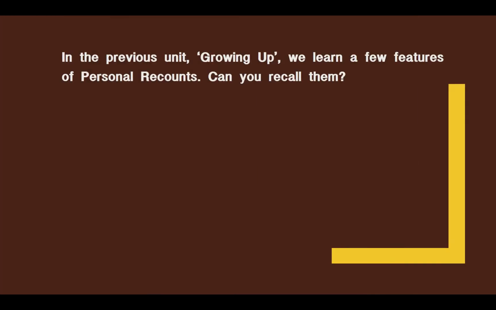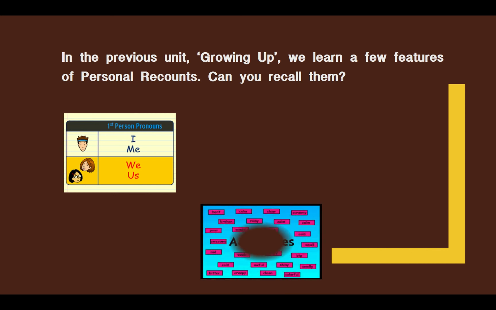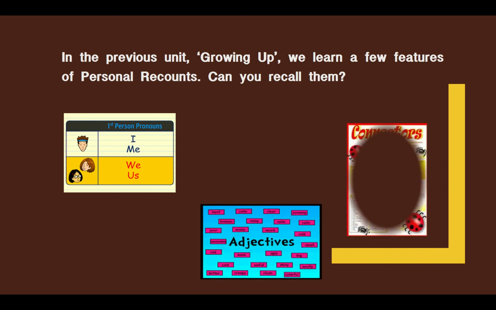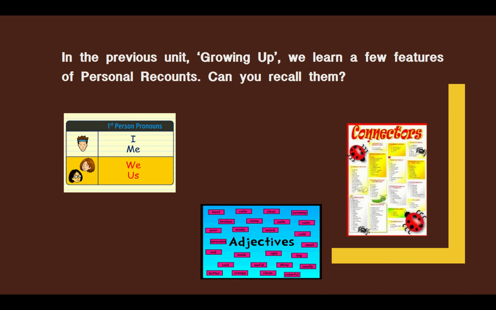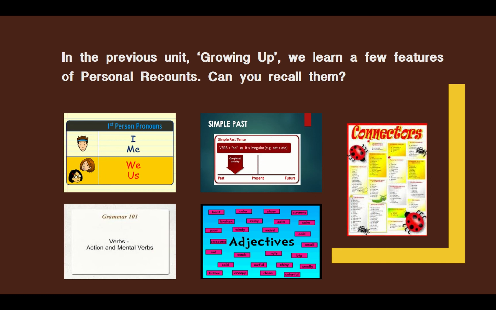Right, in the previous unit, Growing Up, we learned a few features of personal recounts. Can you recall them? Good. One of them is first person pronouns, the use of adjectives, the use of connectors, the use of action and mental verbs, and lastly, the use of simple past tense.